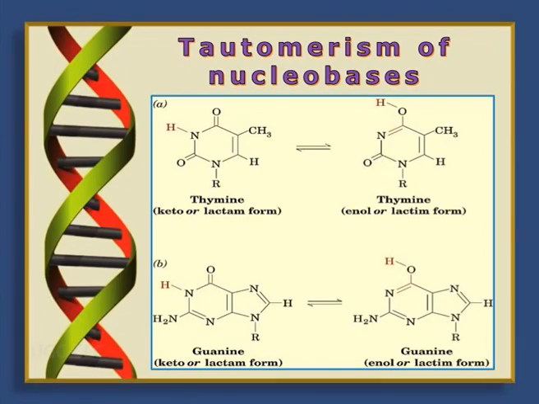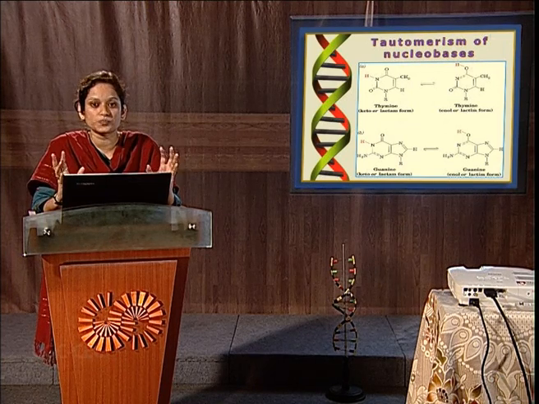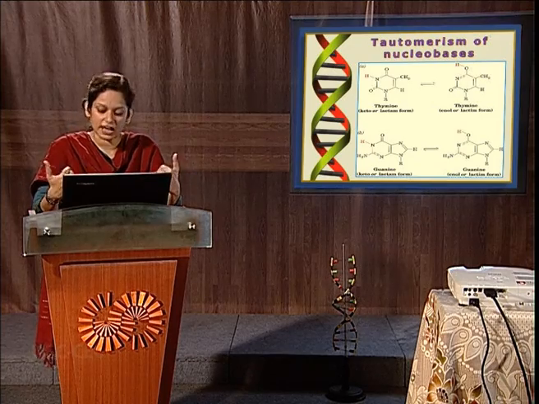As a result of tautomerism, as shown in this slide, thymine gets converted from keto to enol form, and guanine gets converted from keto or the lactam form to the enol or the lactim form. As a result of this tautomerism, it leads to spontaneous mutation.